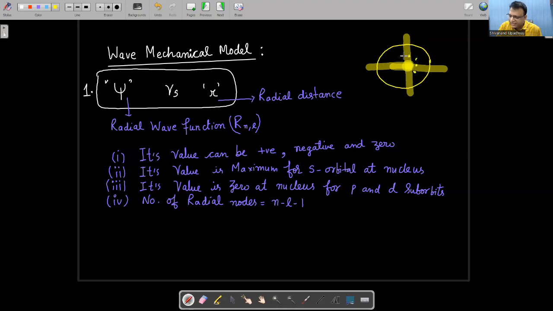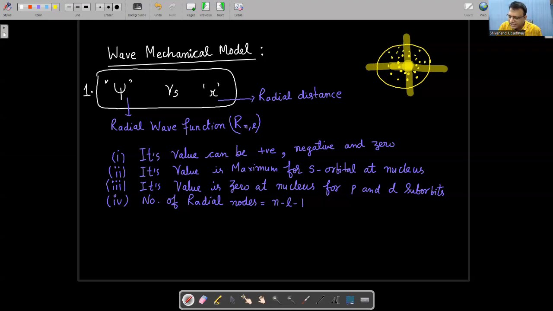Probability density is defined as the probability of finding the electron near the nucleus. So in s orbital, the probability density will be more near the nucleus. As we move away from the nucleus, the probability density is going to decrease.